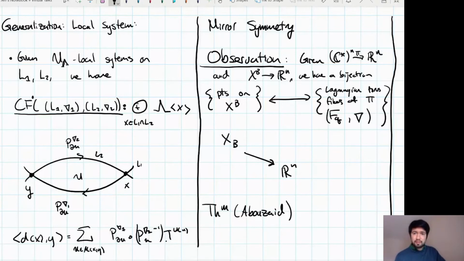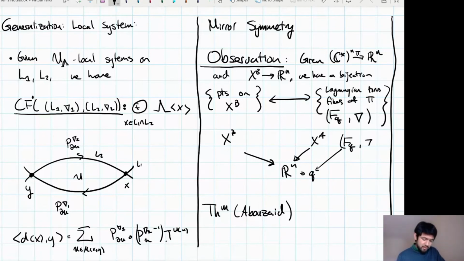But all such points differ by a unitary Novikov element. What this is saying is, if I look at my symplectic manifold XA over Rn, then associated to every point there's only one Lagrangian torus that lives over it.